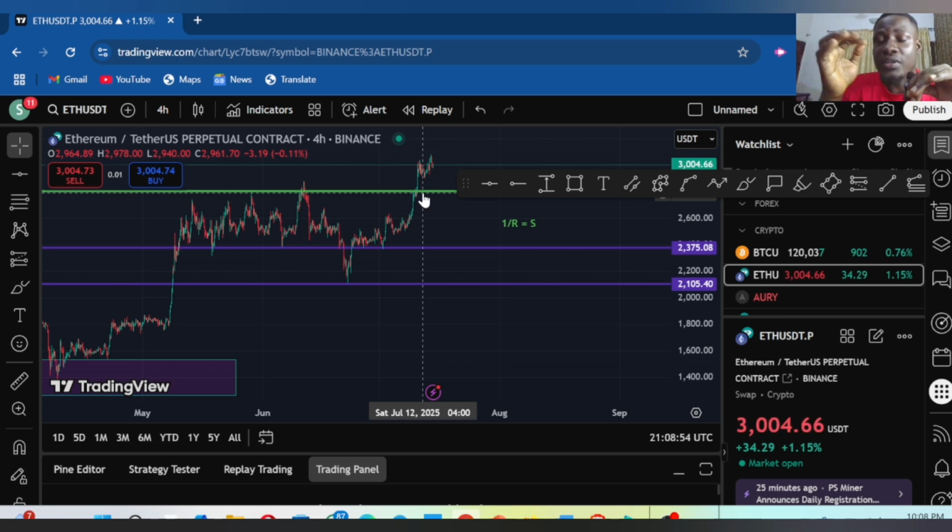So now we can say that the level of resistance is also a supply zone. Why is it so? Because at that level the market has made highs, and the price has gone so high, in the sense that sellers will come up and start selling. Take for instance, Bitcoin rallied to 120 something k.